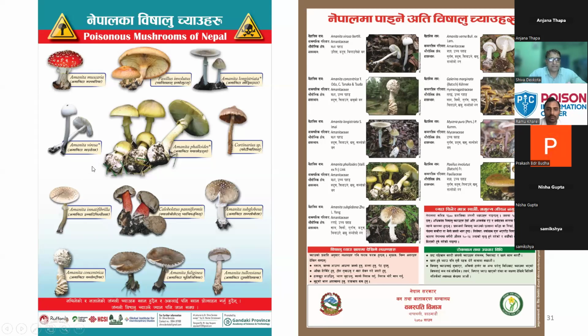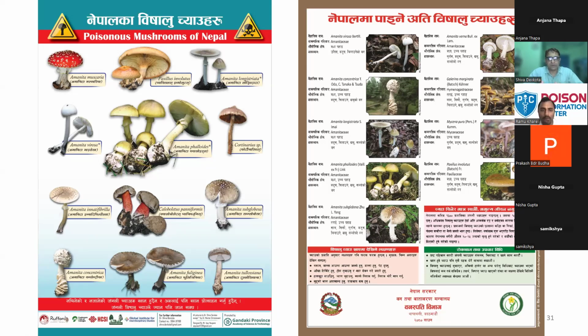Another is do not get confused between Amanita chepangiana and Amanita virosa and other mushrooms. This is also very common. And another is do not eat any similar looking mushrooms, because when people from the eastern part of Nepal travel to the western part, they think it is the same mushroom they have been eating.